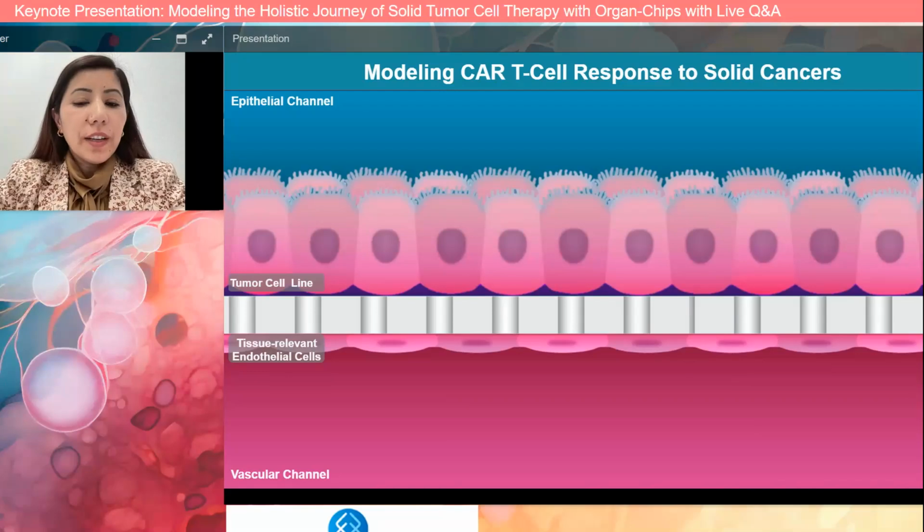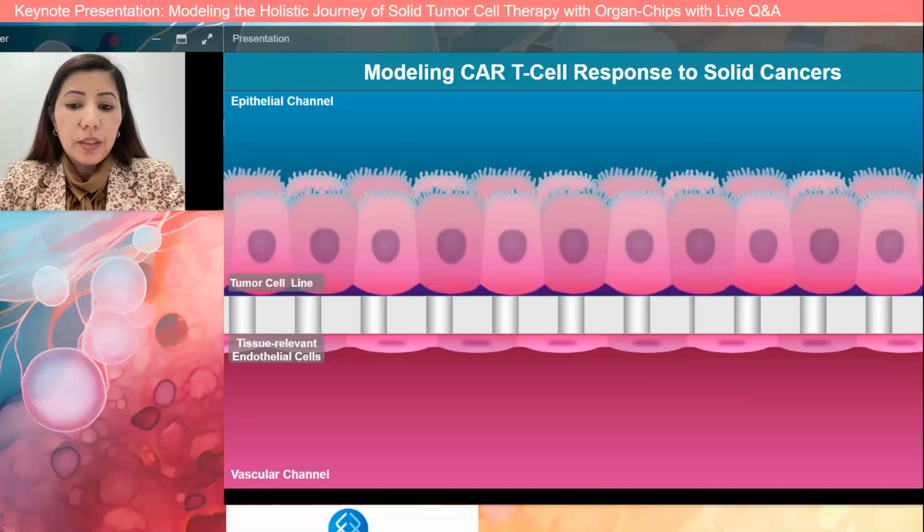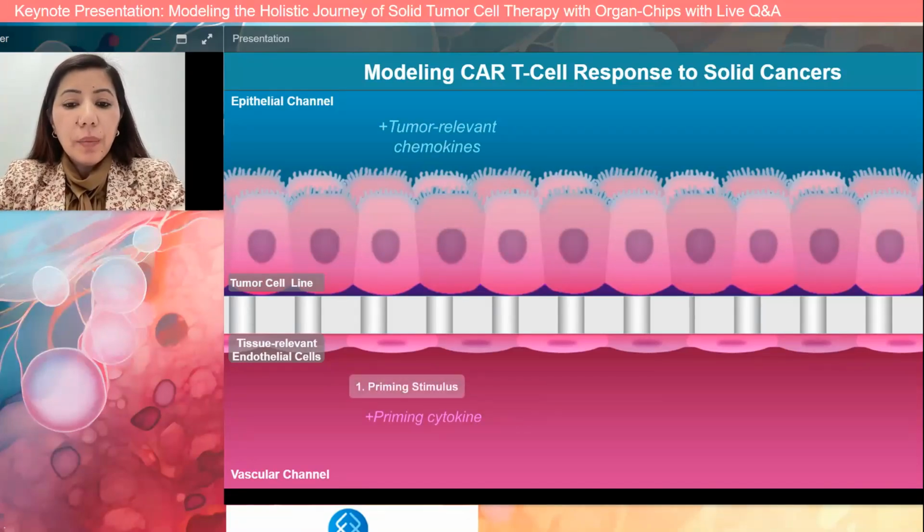Now, let's look at the process in a little more detail. I know the video was short. So what we do in reality is seed the epithelial channel, the top channel, with the epithelial tumor cells, and the bottom channel with the tissue-matched endothelial cells, which we call the vascular channel. And then we add the priming stimulus. In the bottom channel, we prime the endothelial cells with TNF-alpha, and the tissue-relevant chemokines are added to the top channel at the same time.